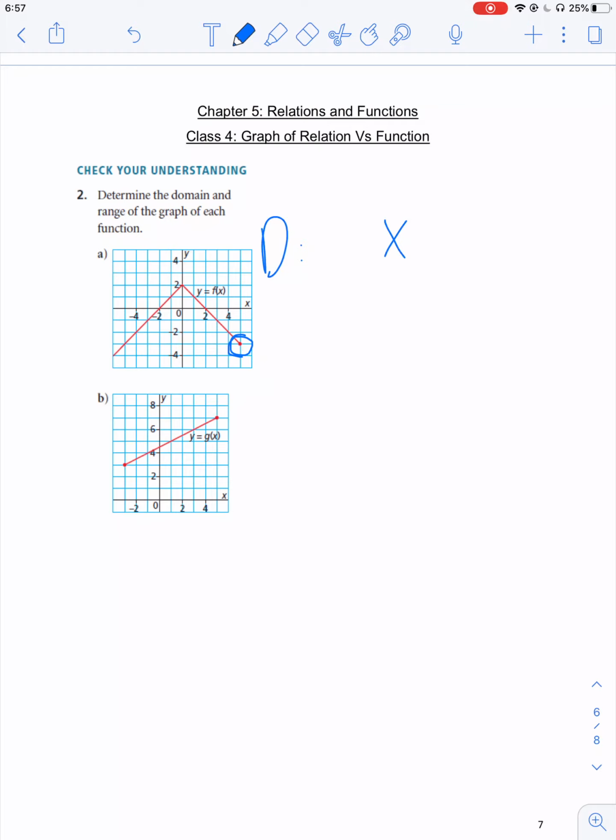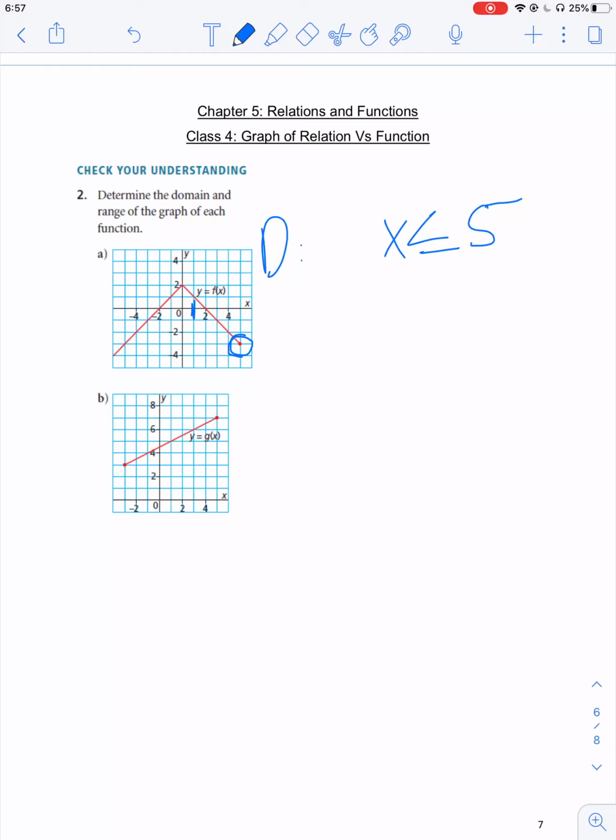So x has to be less than or equal to, and that value is 5, because if this is 2, then this has to be 1. So x is less than or equal to 5, but does it have to be greater than or equal to something? Does it stop on the left-hand side? No, it doesn't. If there was a dot over here, then it would, but there is no dot. So I don't need this piece over here on the left.